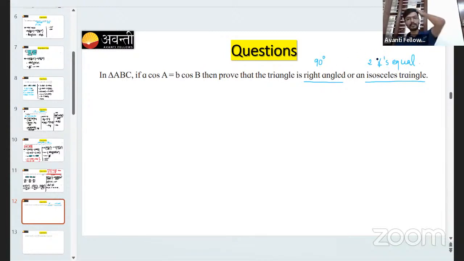If I want to prove something from this given, I need to prove either one angle 90 degrees or two angles same. That means I need to prove in terms of angles. So I don't need sides, I don't need A and B. Basically, I need to convert A and B into angles.